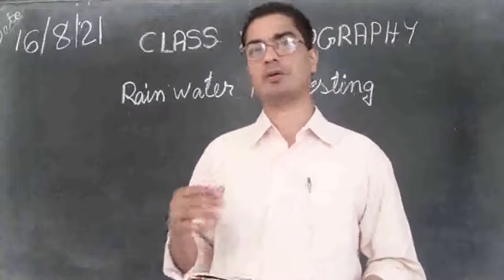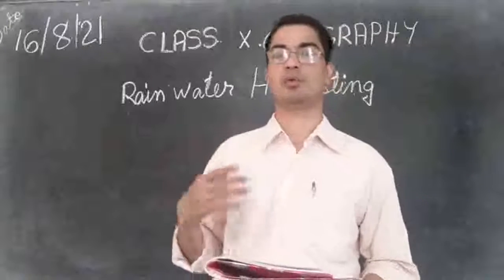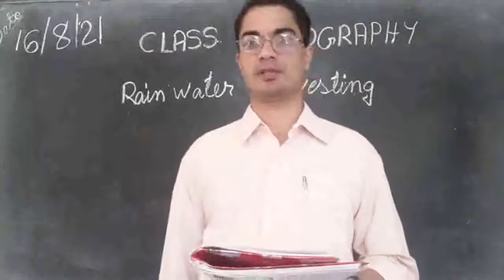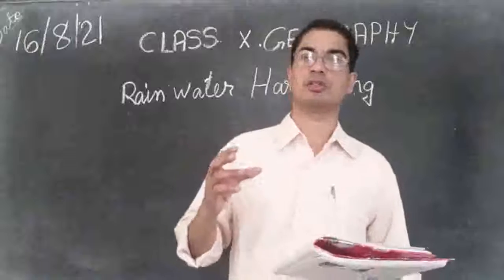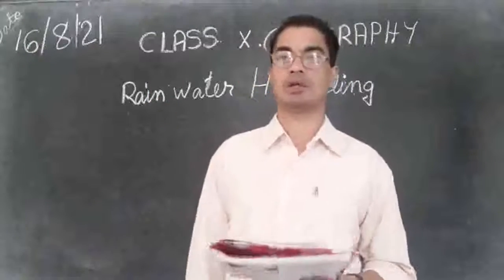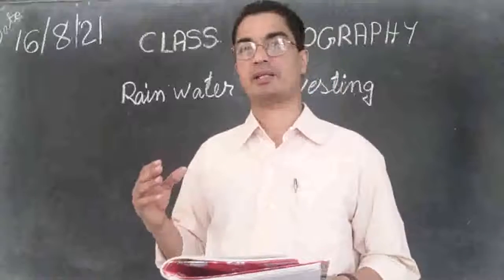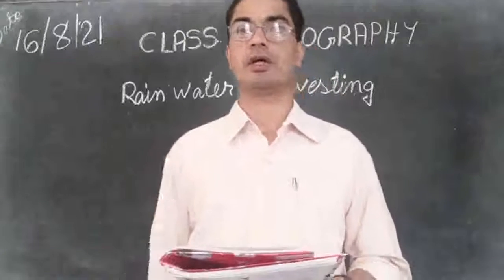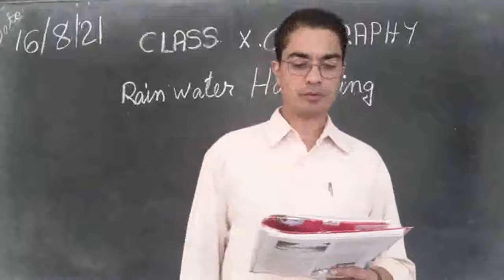At the same time, there were also people who were harvesting rainwater. So it is not just a new idea, but even from olden times people were practicing it, collecting their roof water.